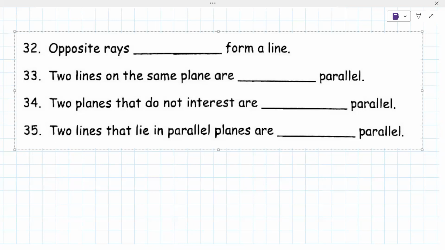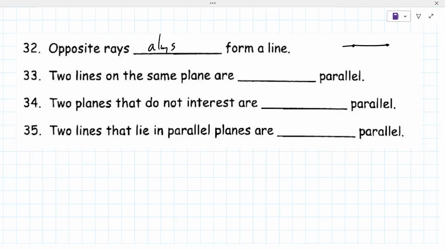Do you have any answers for me here? So would 32 be always? It is, yeah. Opposite literally means one goes in one direction, one goes in the other. That's a line. This should say intersect. 33 is sometimes.